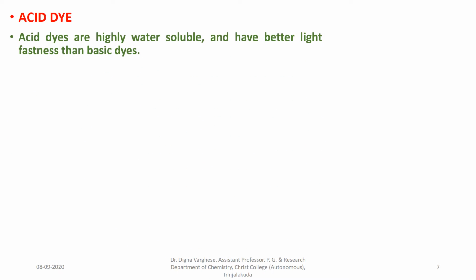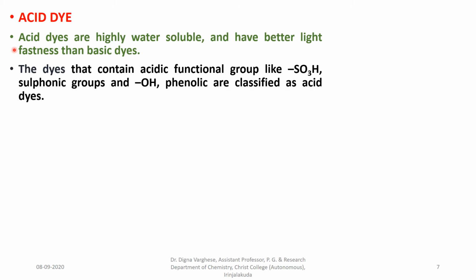Acid dyes are highly water soluble and have better light fastness than basic dyes. The dyes that contain acidic functional groups like SO3H, that is the sulfonic groups, and OH, that is the phenolic groups, are classified as acid dyes.